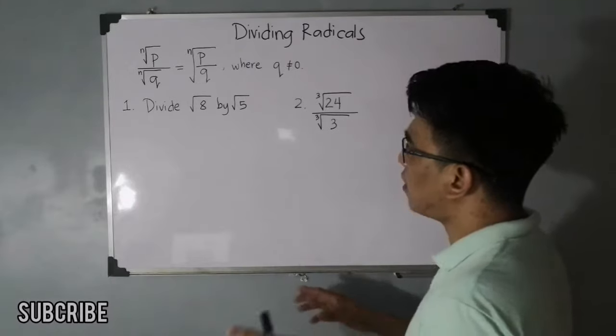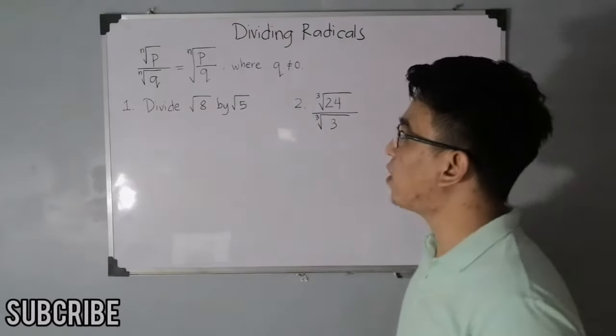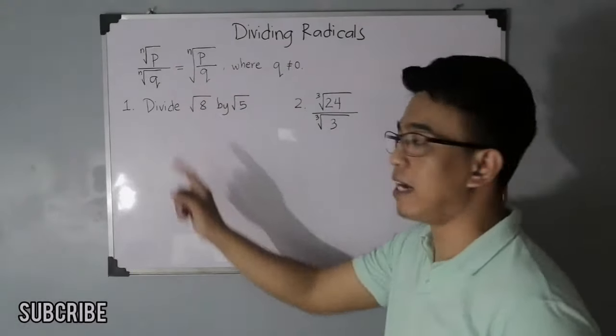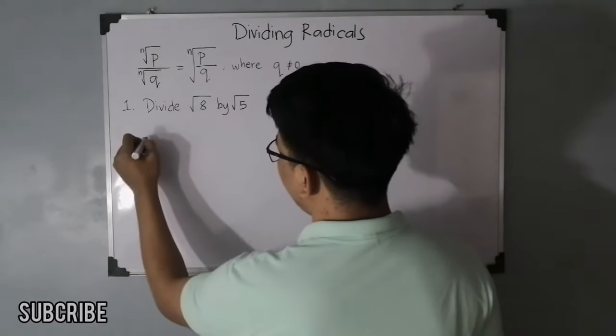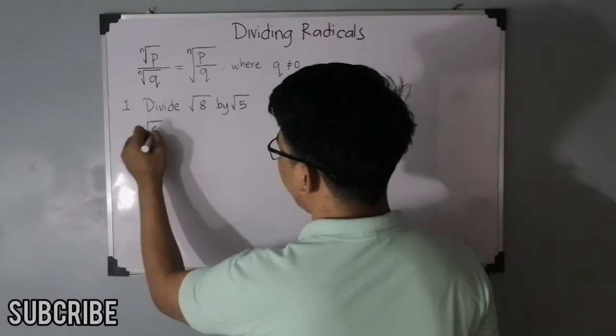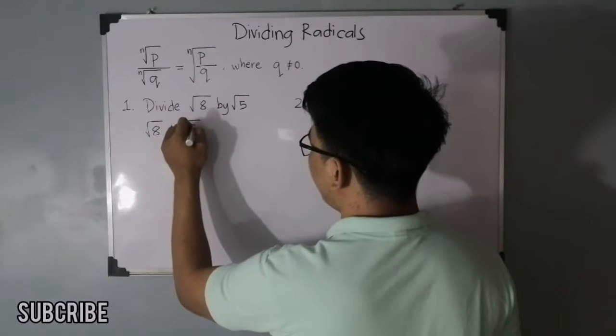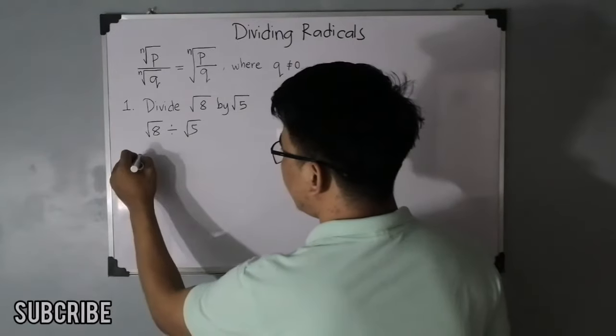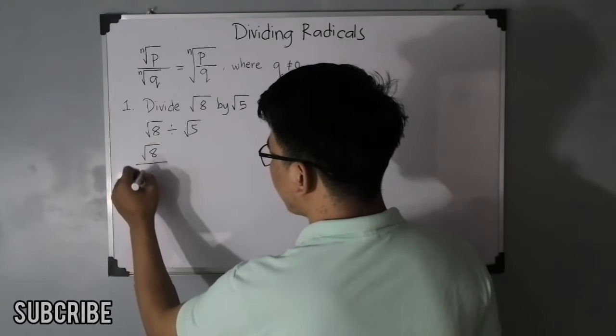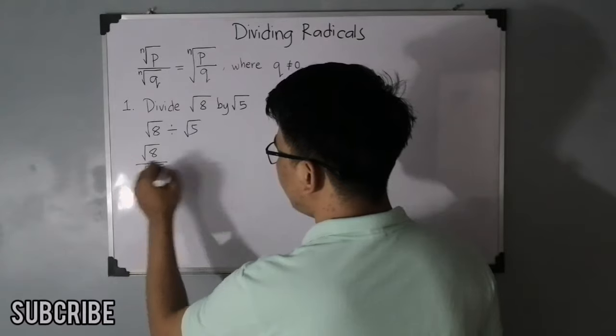So actually, there are different ways on how to do it, pero applying this property or this law of radical, yun ang gagawin natin ngayon. So this one looks like the square root of 8 divided by the square root of 5. Pero, pwede natin siyang isulat bilang the square root of 8 over the square root of 5.